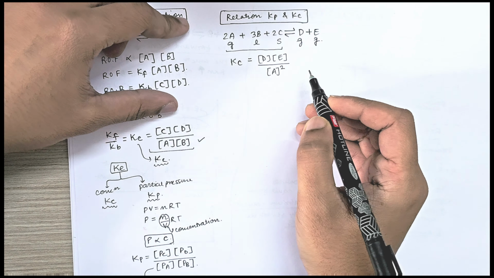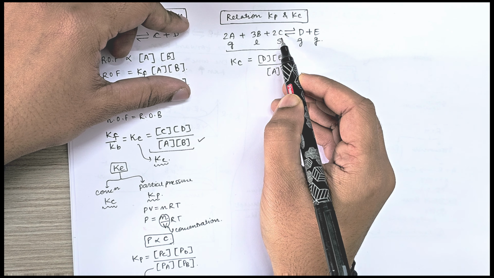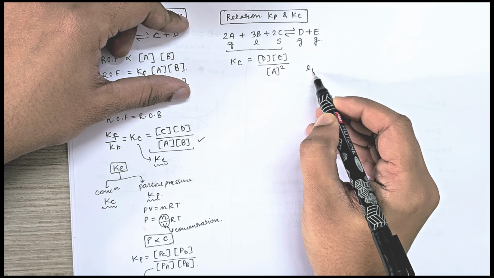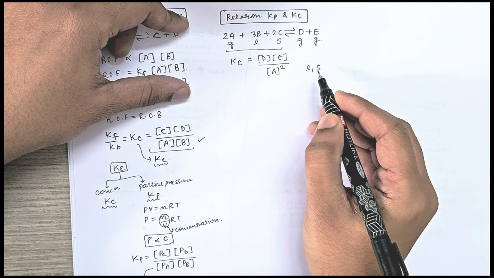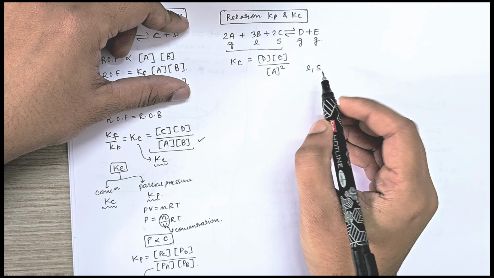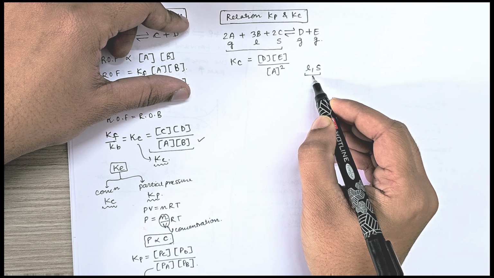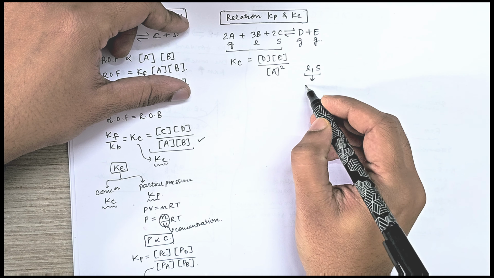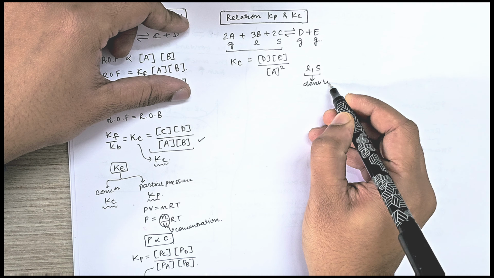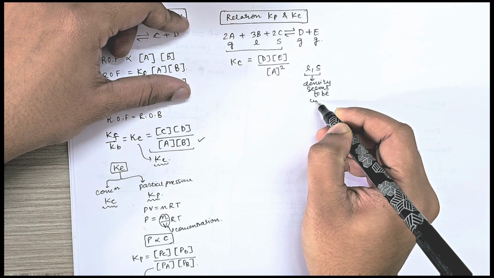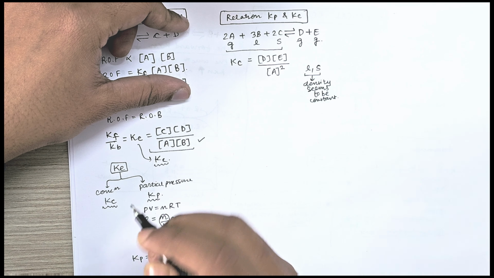So this implies the moles basically, and I have not taken the concentration of B and C. The reason is that for liquids and solids, the concentration remains constant throughout the equilibrium, because their density is constant.